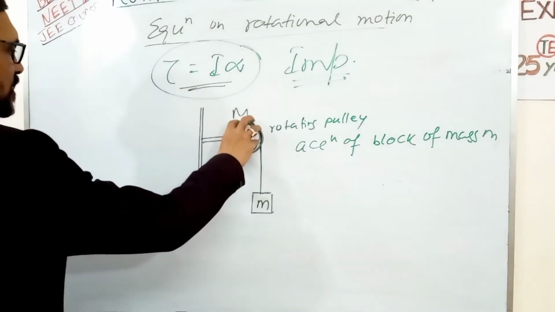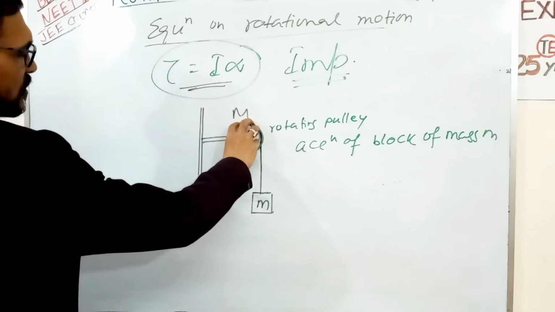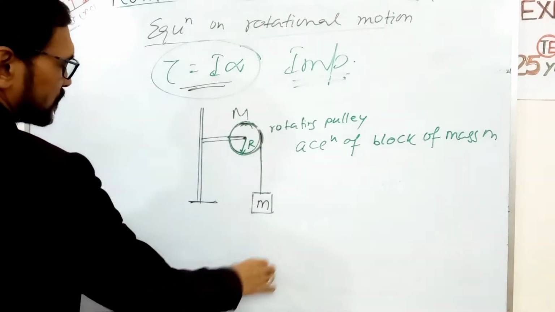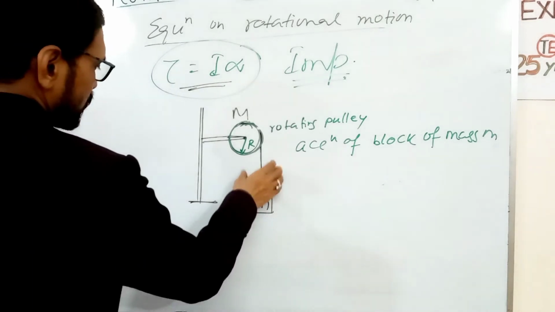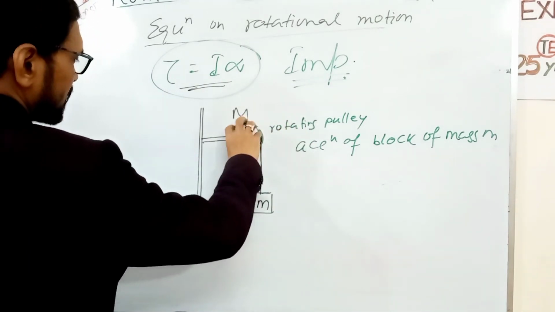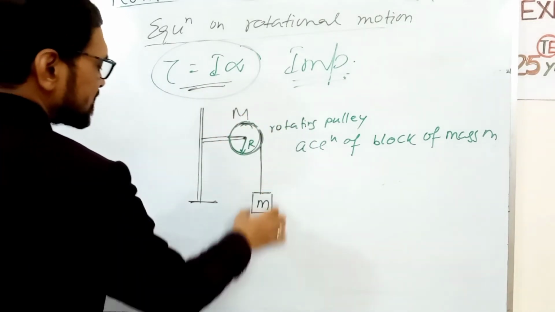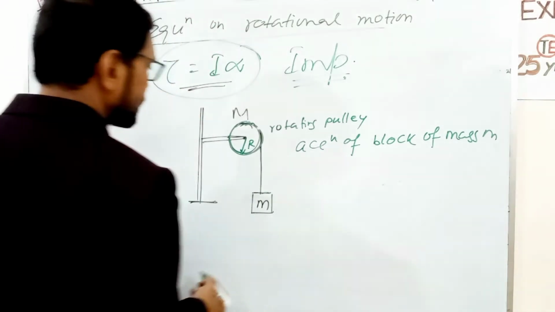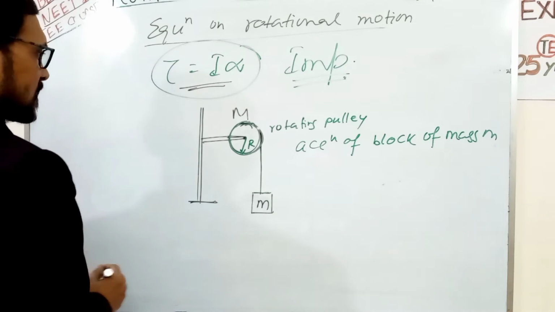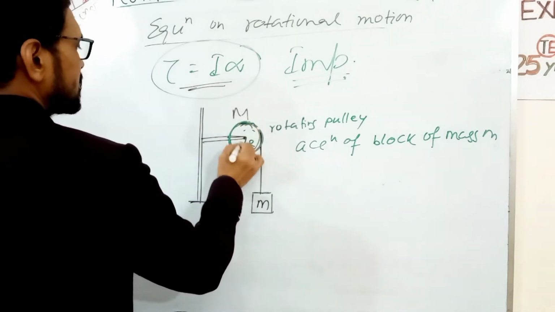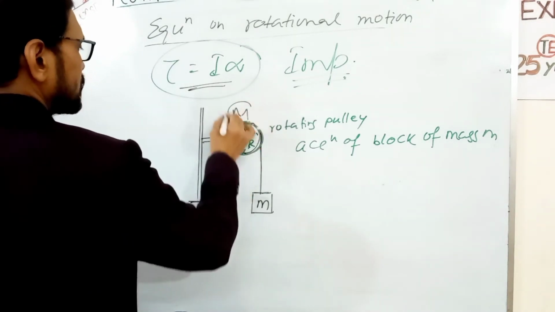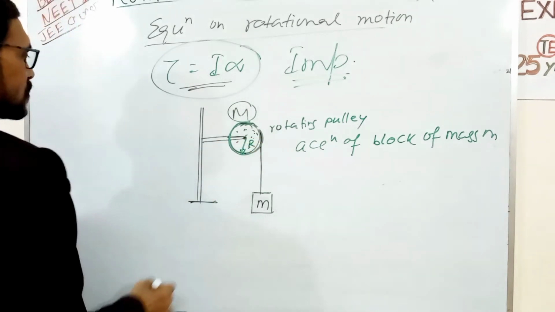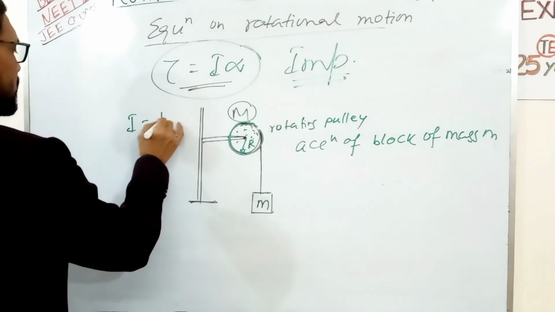In Newton's laws of motion, the pulley was fixed and the block just moves. Here the pulley rotates. If the pulley rotates, what is the acceleration of the block of mass m? Here the pulley has mass m and radius r, so its moment of inertia equal to half m r square.